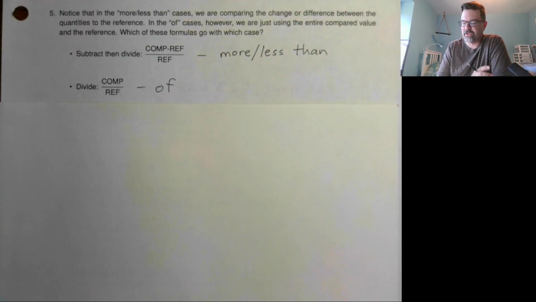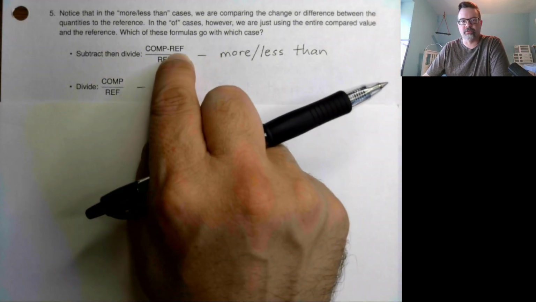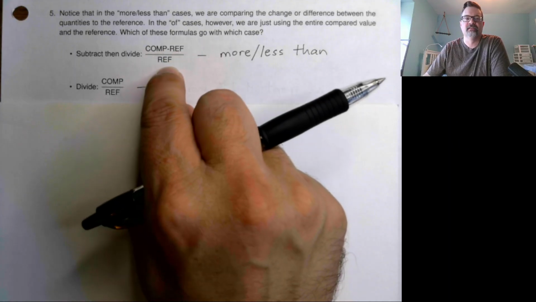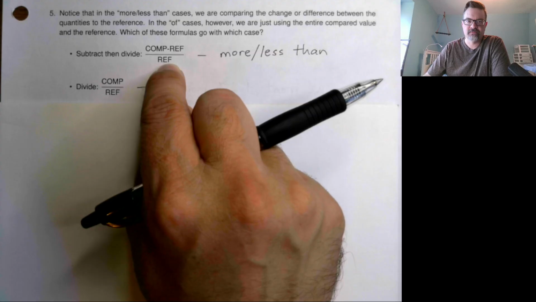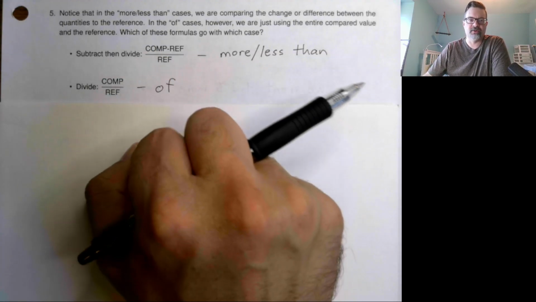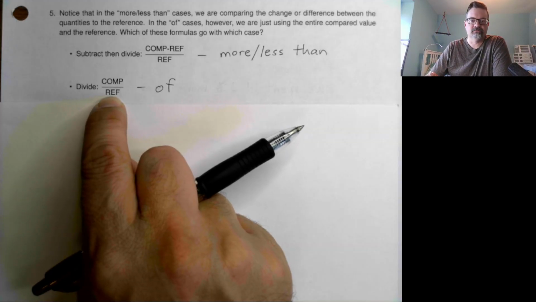Well, what we keep talking about is that the more versus less than statements are comparing the difference between the two. So with your compared number and your reference number, do the subtraction and then divide by the reference number. Then you can say what percent more or less than the reference number the compared number is. Of just straight up compares how big the two are. Just like that.